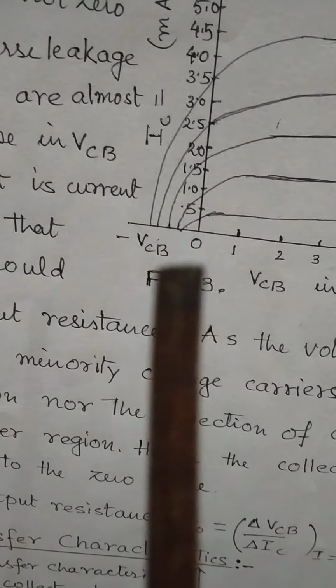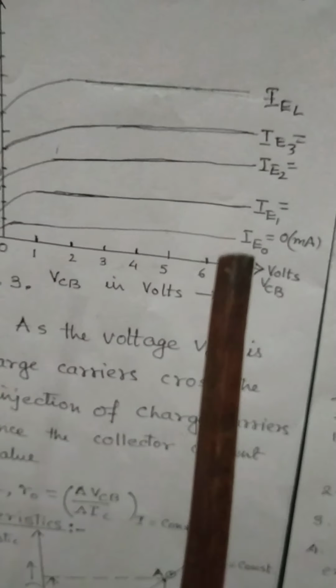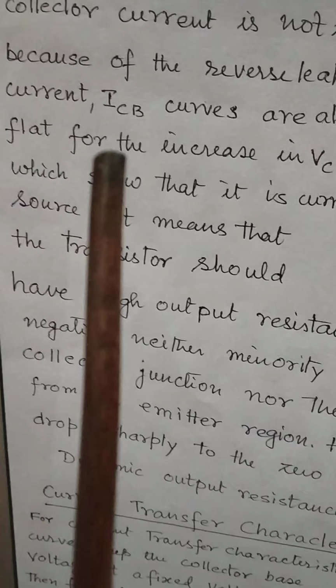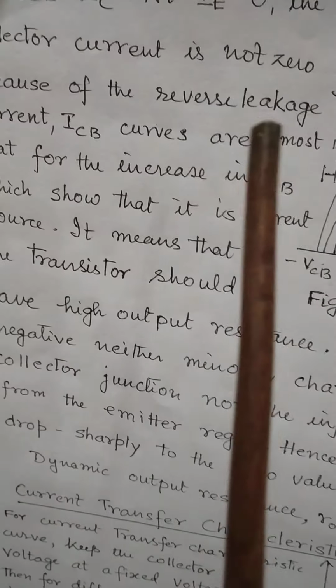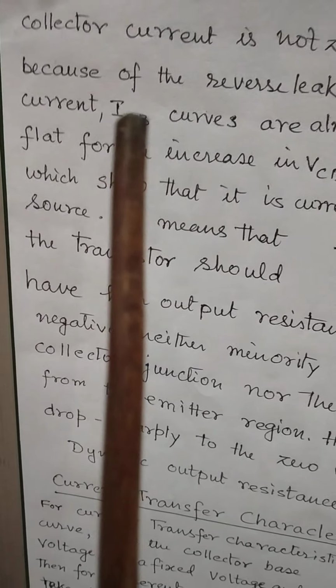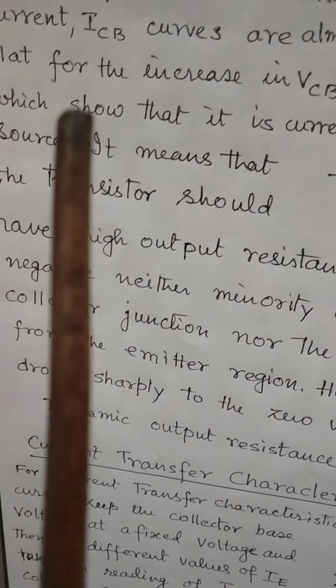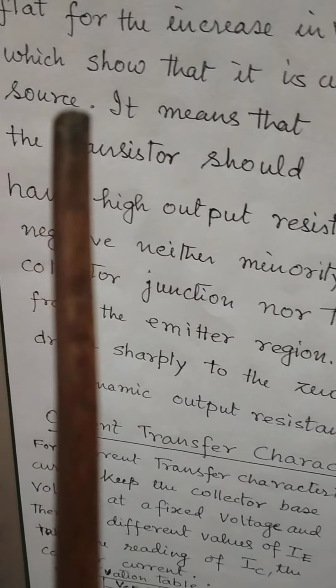Here it shows that for IE equal to 0, VCB is not 0. This is because of the reverse leakage current. ICB curves are almost flat for the increase in VCB, which shows that it is a current source.